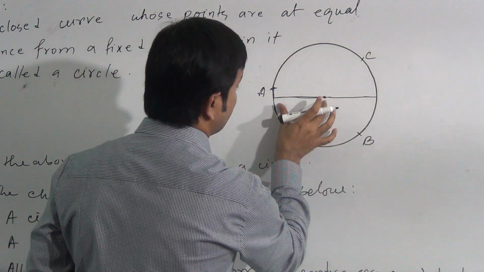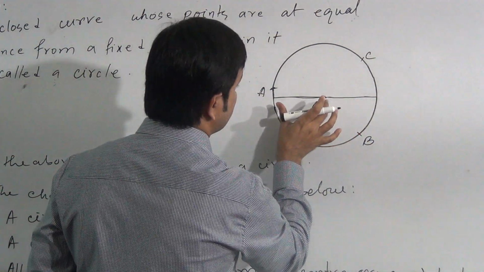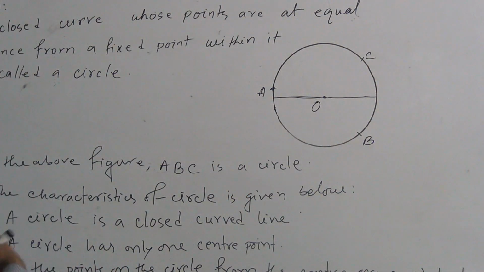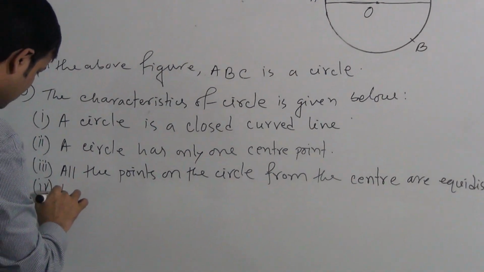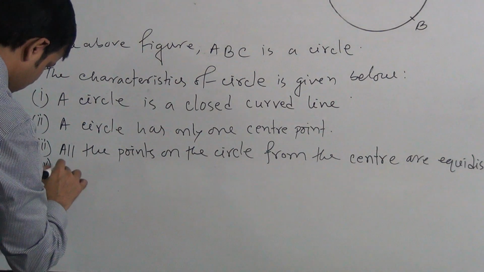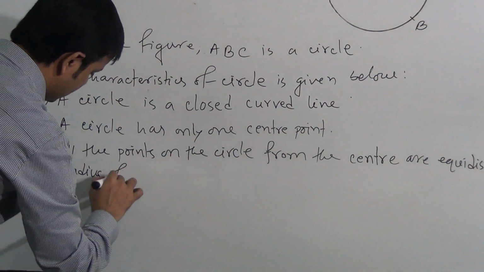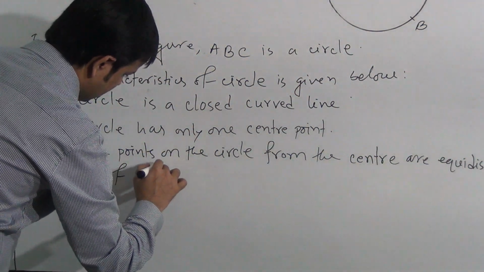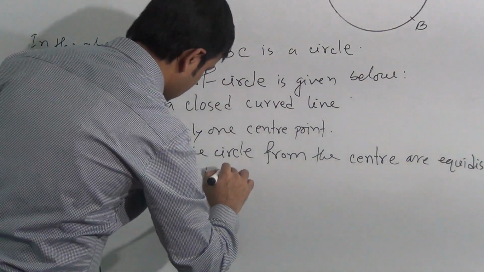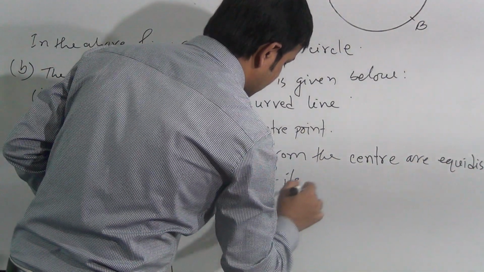So 2 radius means 1 diameter. So you can say radius of a circle is half of its diameter.